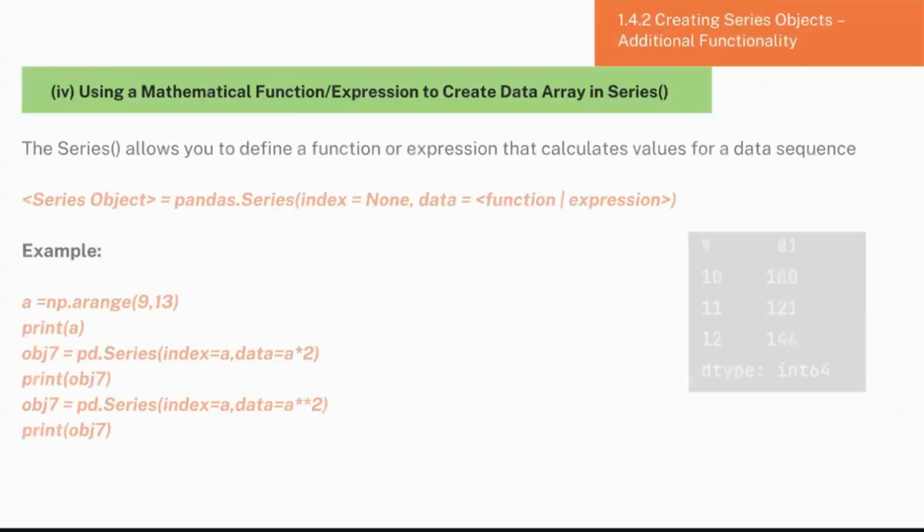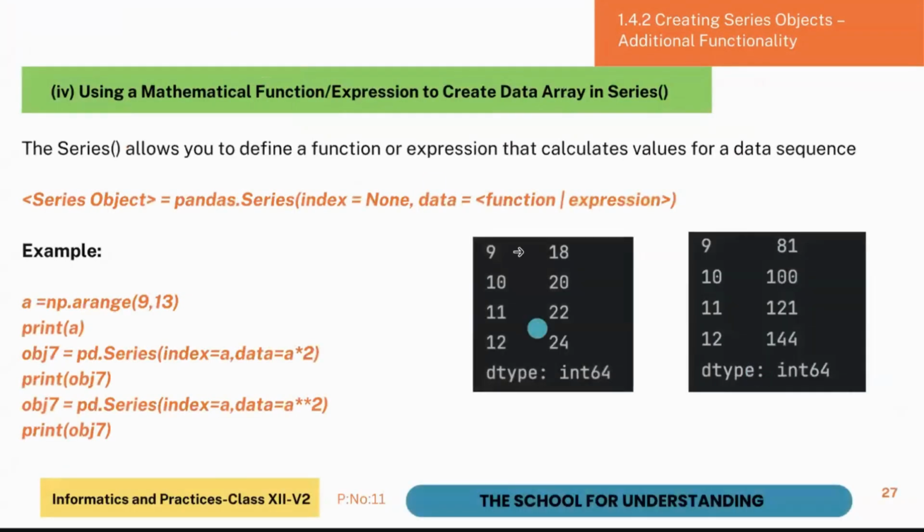Okay, let's move on. The fourth option, the additional functionality, is that we can also pass an expression. The syntax is pandas Series, where I'm going to pass the index and the data, and instead of plain data we can pass a function or an expression. If you look at the example here, I'm passing the index.